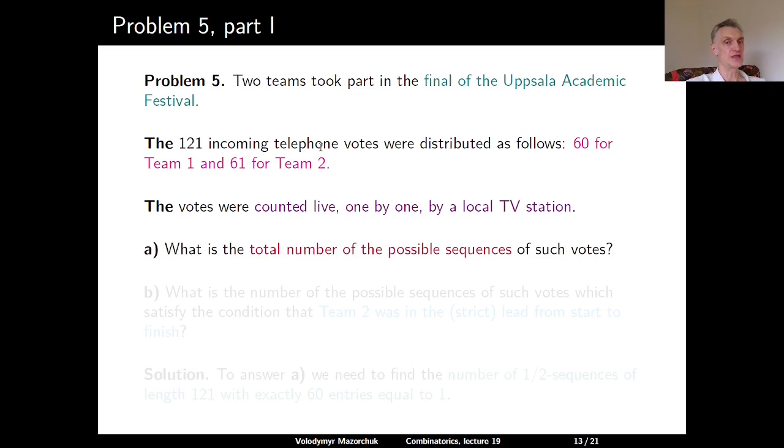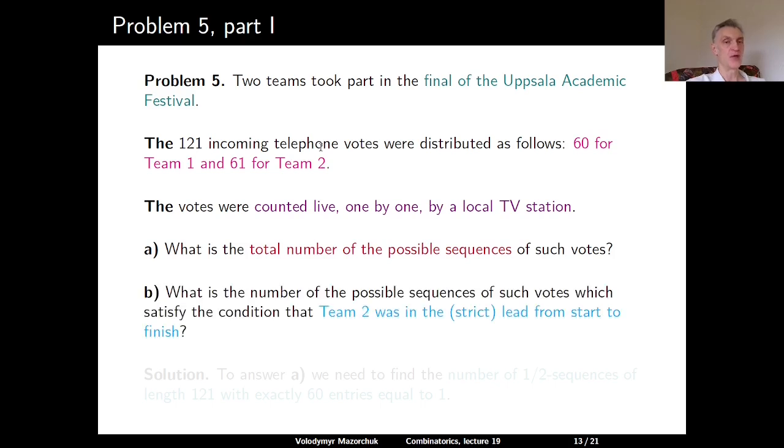A. What is the total number of the possible sequences of such votes? B. What is the number of the possible sequences of such votes which satisfy the condition that Team 2 was in the strict lead from start to finish? So these problems actually on the examination were given as two separate problems, but I combined them as one problem.